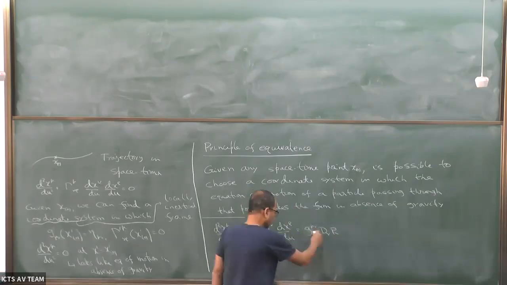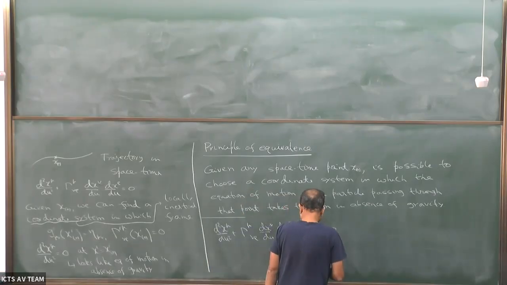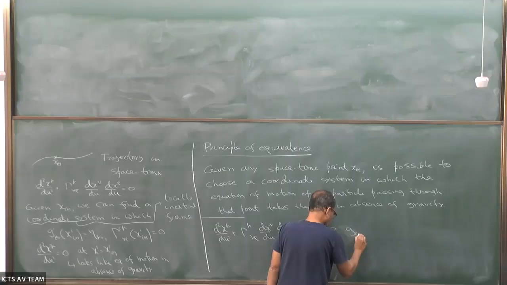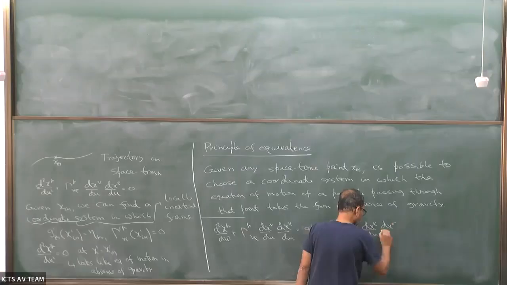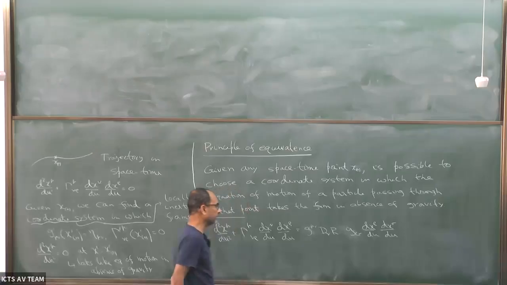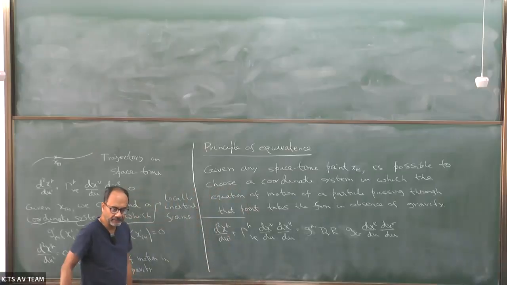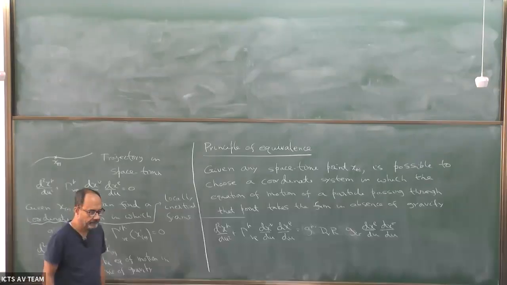This is an ordinary derivative, because it doesn't really make a difference. Imagine that you had a term like this on the right hand side of the equation of motion in the presence of gravity.